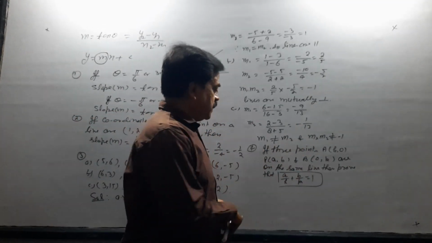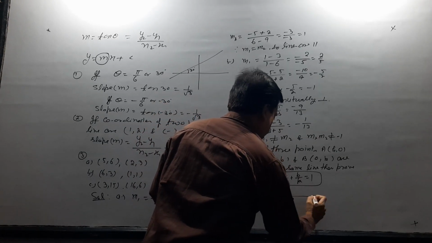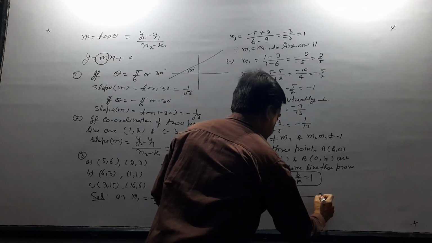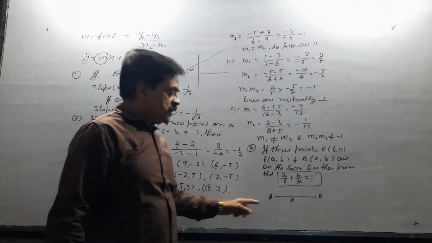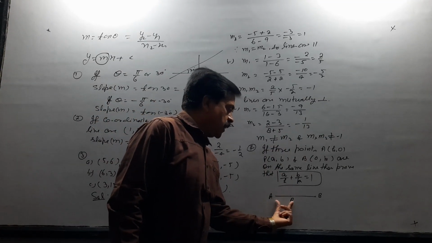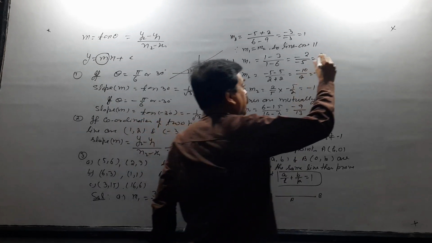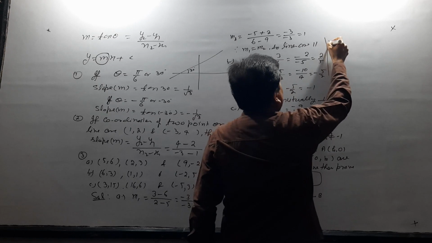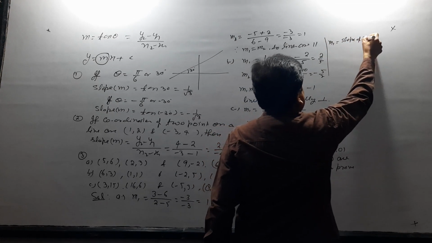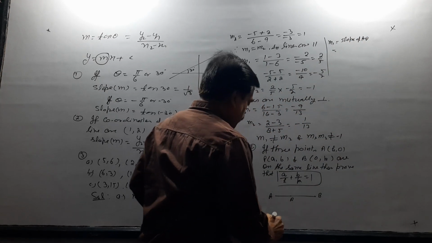Collinear means they are in the same line, like this. A point, P point, and B point is here. So if these 3 points are in the same line, then slope of line AP and slope of line PB are same. m1, slope of AP, equals y2 minus y1.